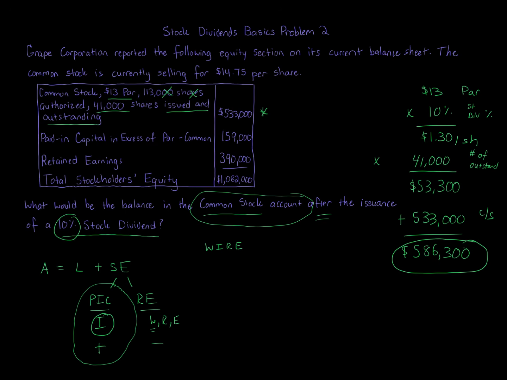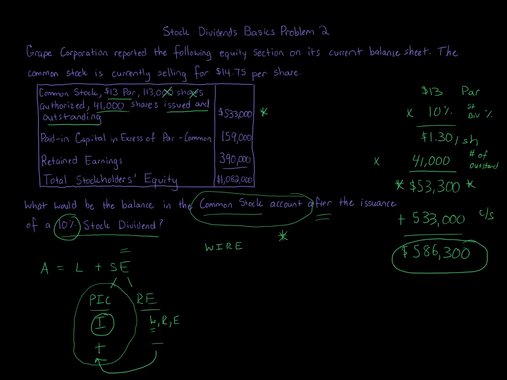Now remember that this $53,300 increases the common stock account, which is in paid in capital. Retained earnings goes down, paid in capital goes up. It's going to balance out. So stockholders' equity is still equal before and after, but you're moving an economic amount, not money.